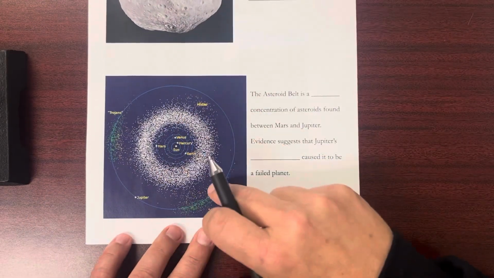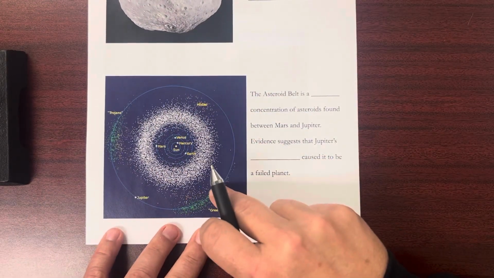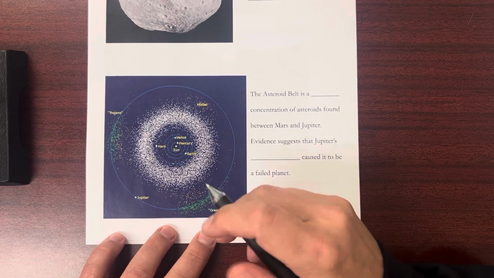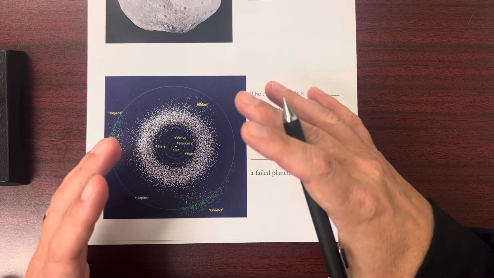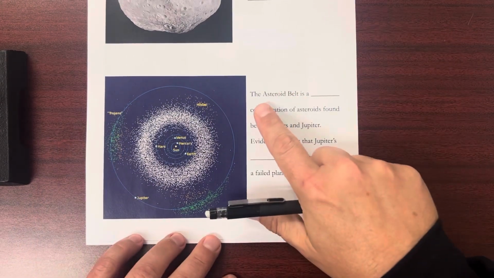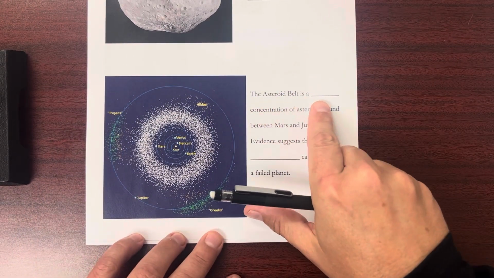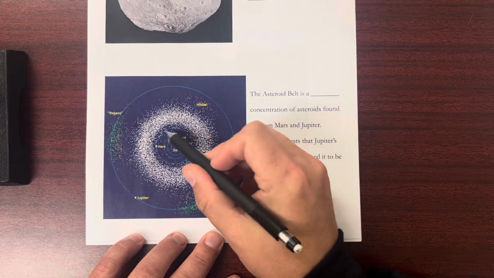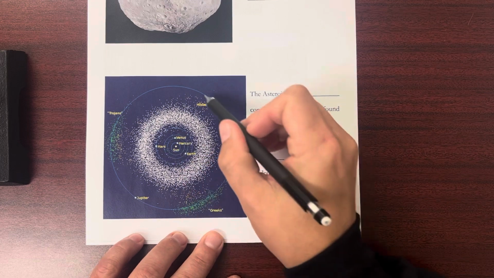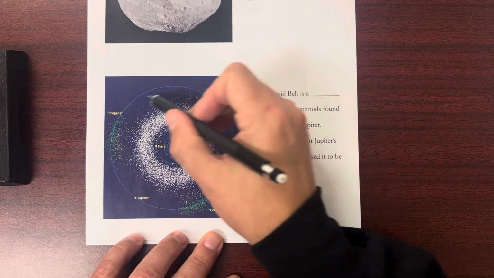All right, we go down here, and what we're looking at is kind of the main area where we're going to find asteroids in among the planets anyways. So this is the asteroid belt. The asteroid belt is a high concentration of asteroids found between Mars, which is right here, and Jupiter, which is right there.